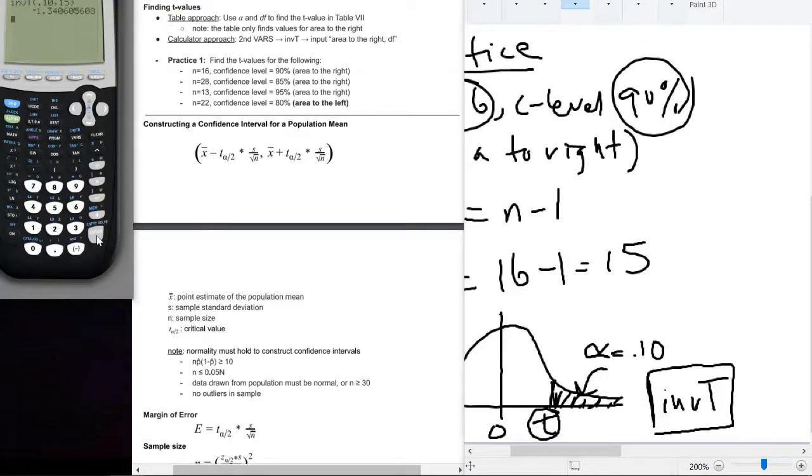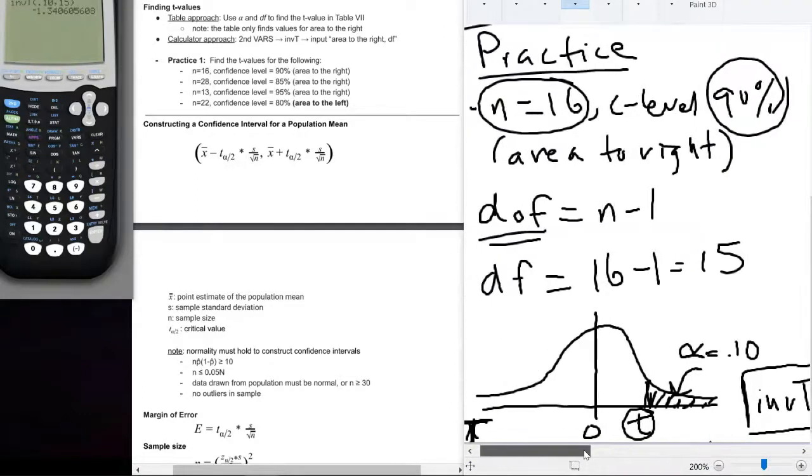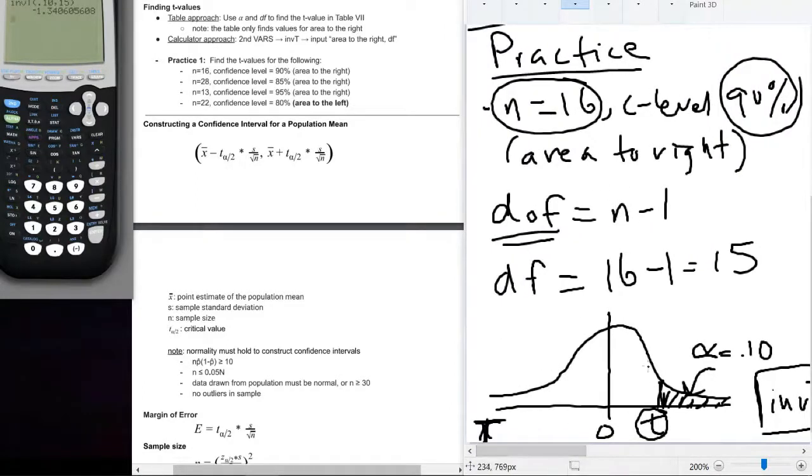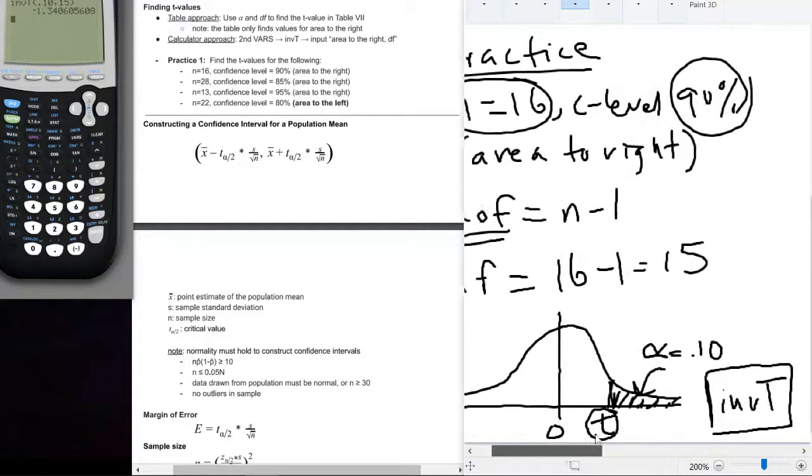Okay. But notice how the calculator gave us the bound. It gave it to us in a negative number. But by going back to the curve, okay, once again, we should expect that our t bound should be positive. So by symmetry, this missing t bound is equal to positive 1.34.